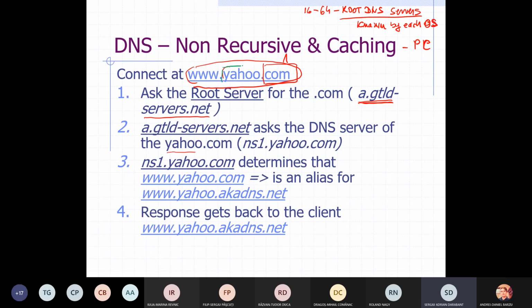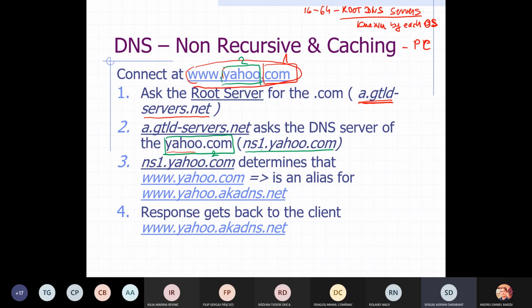It asks that DNS server, and it gets back that the name server handling that domain is this one, and it now knows that yahoo.com is handled by ns1.yahoo.com.